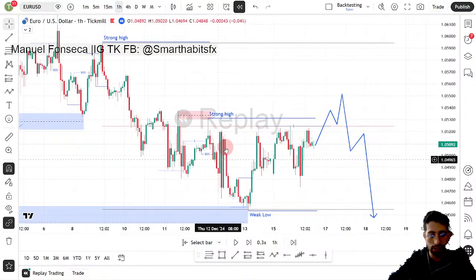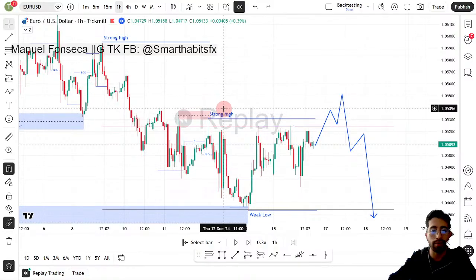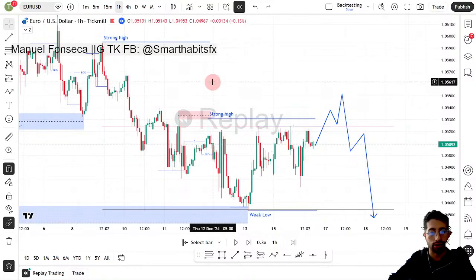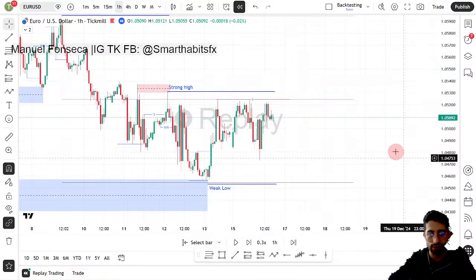Even though this is the strong high, remember that this can be invalidated by the price if there is a lot of liquidity, like double tops, very evident highs, or very evident order blocks. So that's why I wouldn't take this as a real market shift so far.